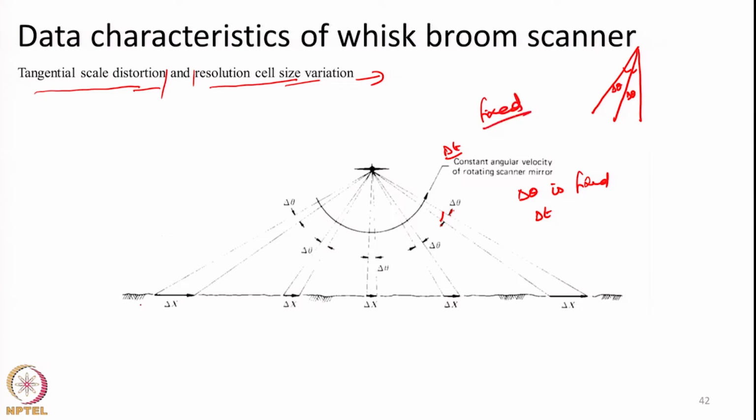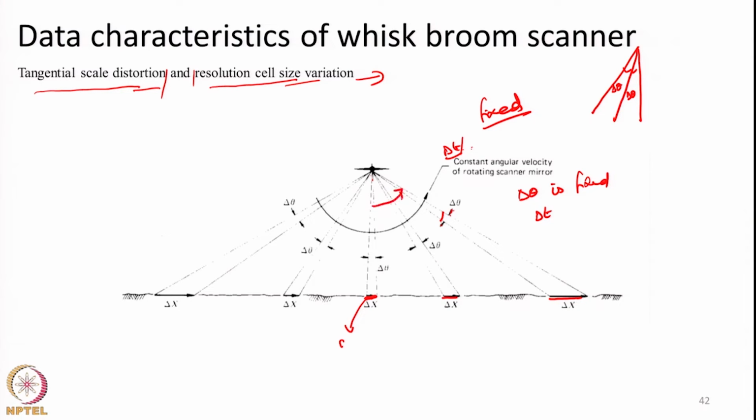But now let us assume the ground is flat, okay. Now the scanner is collecting data, the ground is flat. The angle with which finally it is being projected on the ground, that is the distance between the samples, because every delta t seconds a sample is collected. So, the ground distance covered within the delta t will become larger and larger as the scan angle increases.